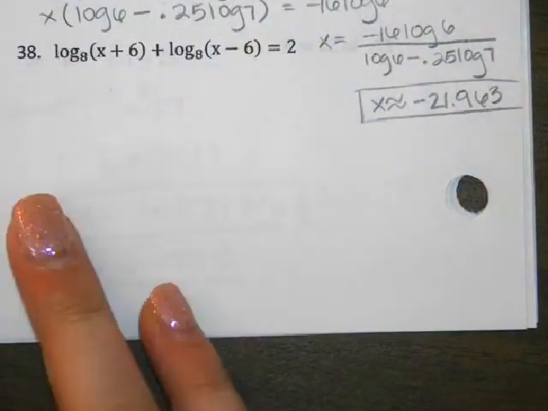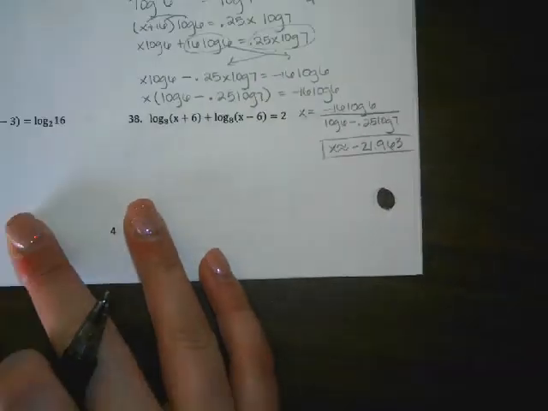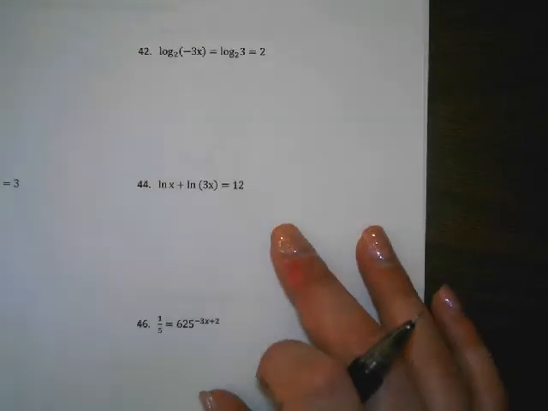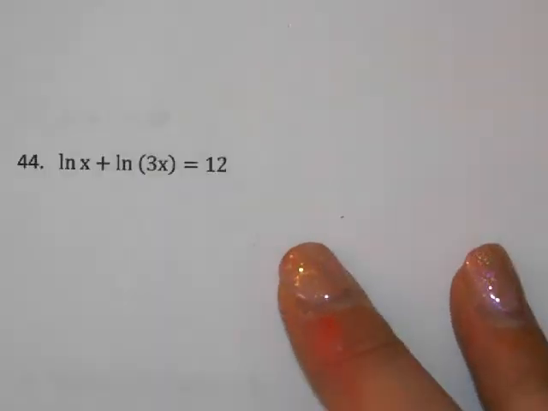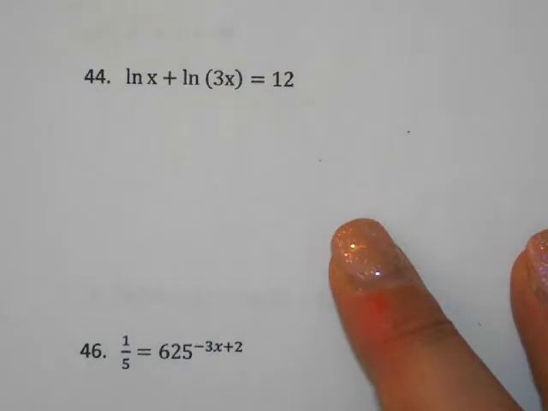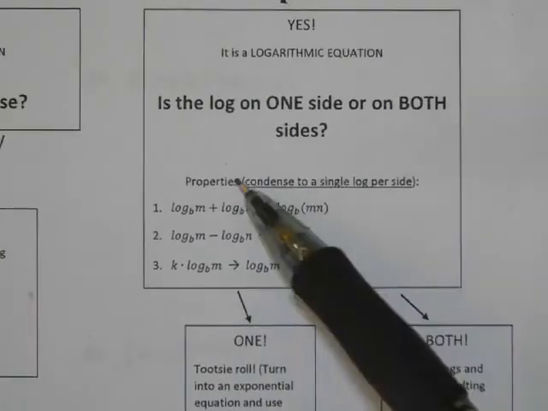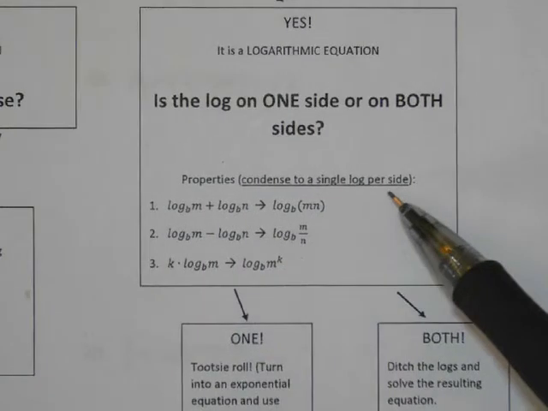All right, what's another problem we should do? What did you say? 44? All right. So we look at 44. It's a log problem, right? We have to do our properties to make sure we only have one log per side.